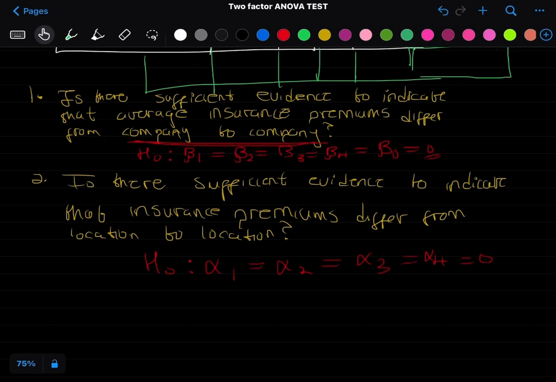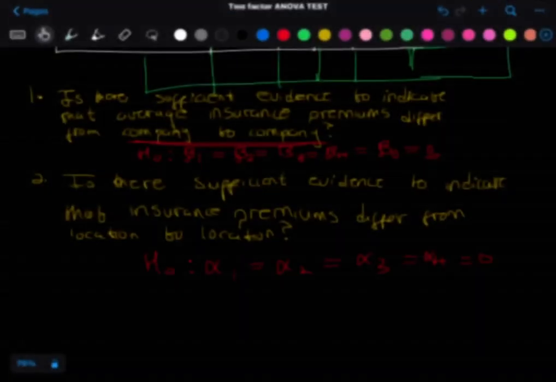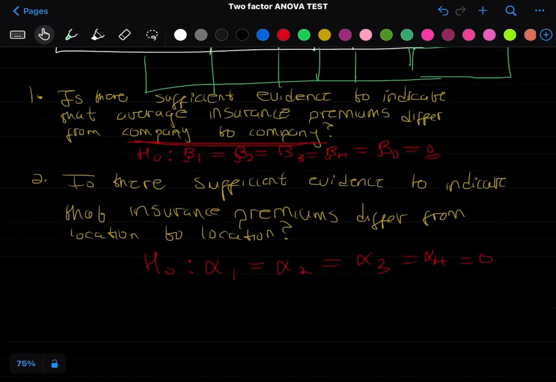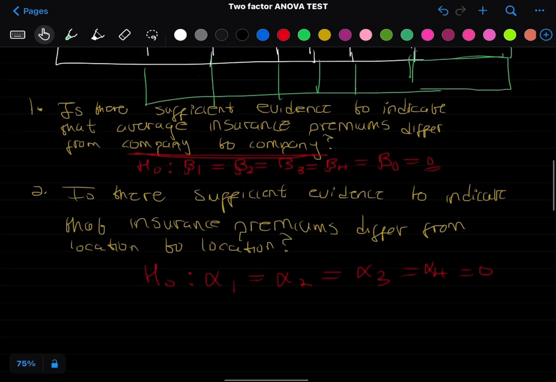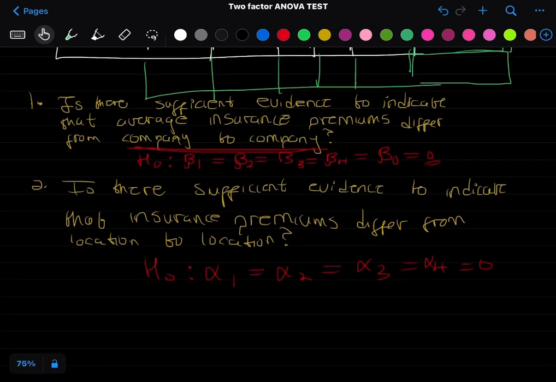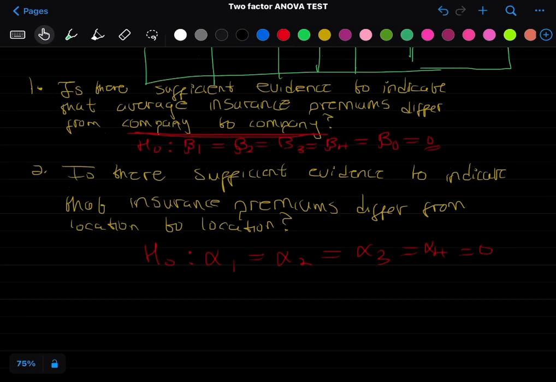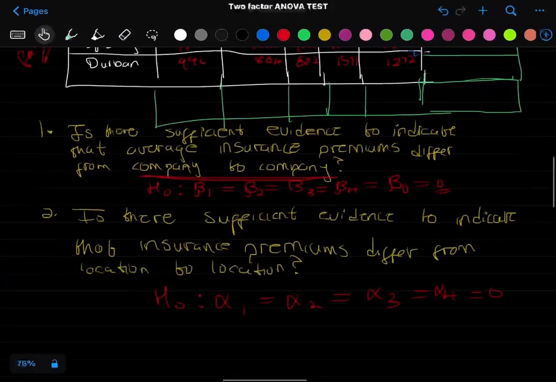The null hypothesis is rejected when the test statistic is greater than the critical value. But in this case, we will not have to find the critical value, because we do not have the alpha, the significance level. We only have the data and the two questions.